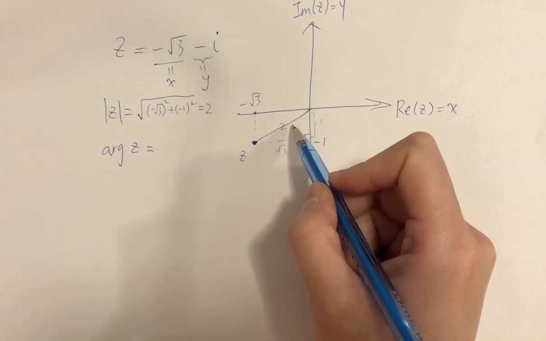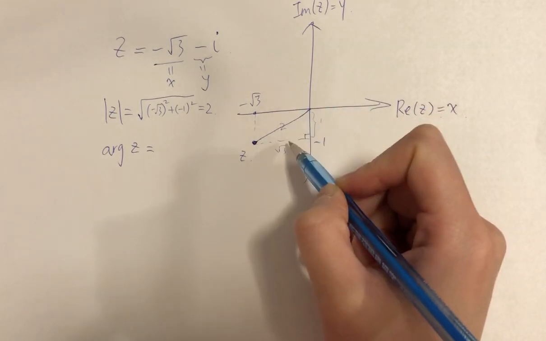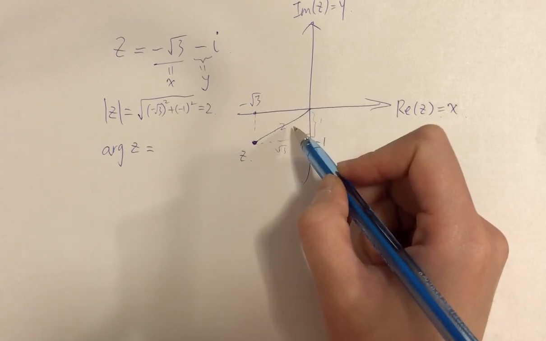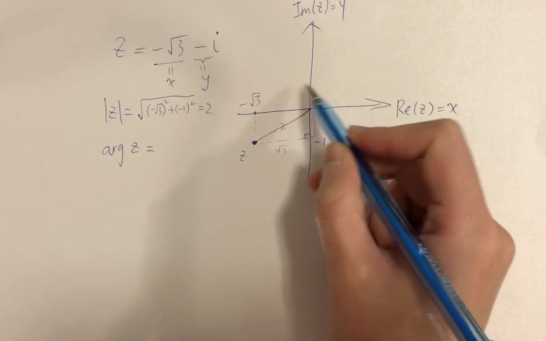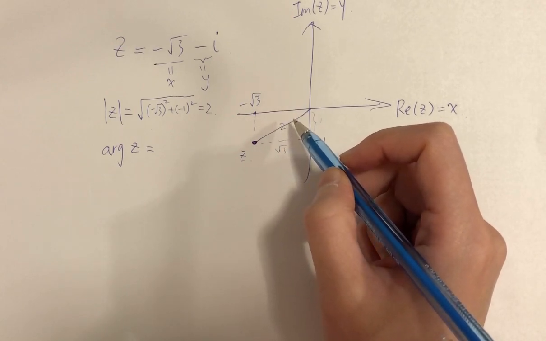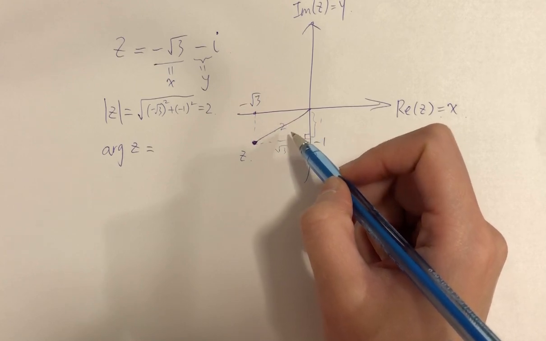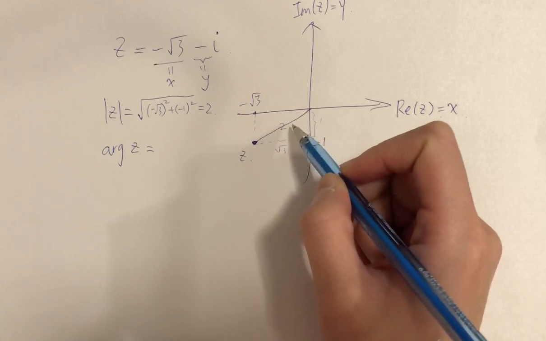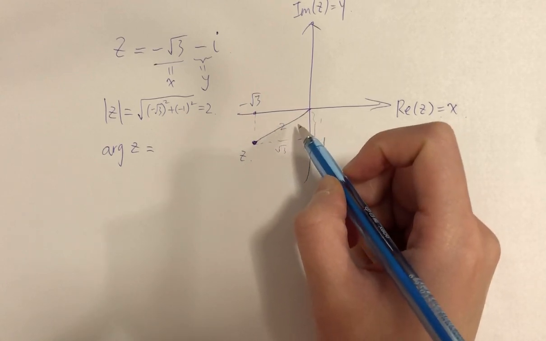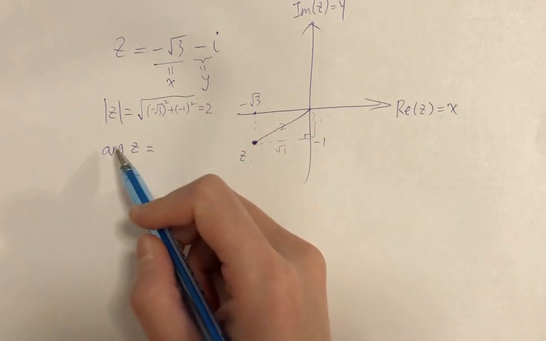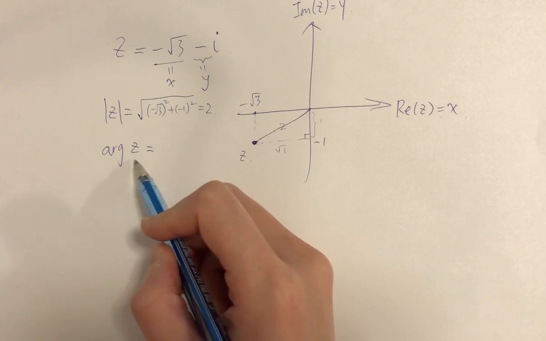If you add or subtract multiples of 2 pi, on the picture it just means rotating by a full circle, or 360 degrees. That doesn't change how the angle looks. It does change the value, but it's still going to be on this line. So that's why this arg z is not unique.